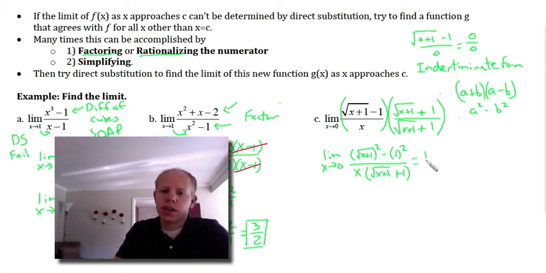Let's go ahead and simplify this a little bit. Don't forget to write the limit as x approaches 0. Okay, square of square root, and we've got x plus 1. And this is going to be minus 1. Notice the negative on the outside here is going to change the sign after you square it. And we're going to leave our denominator the same for now.